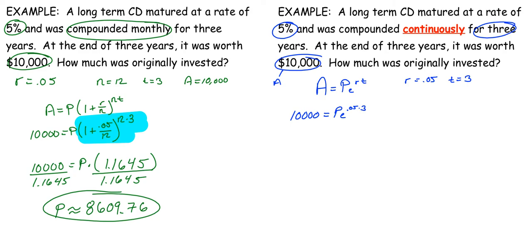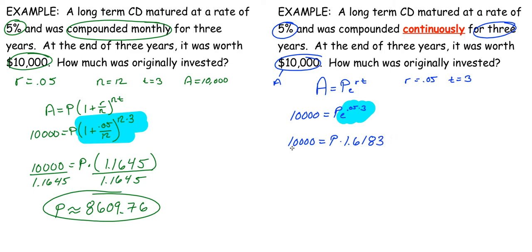It's the same deal as before, where this highlighted section here is just a number, e to the 0.05 times 3. I can find that on my calculator, and it comes out to be about 1.618. So let's say that we have 10,000 is equal to P times 1.6183.